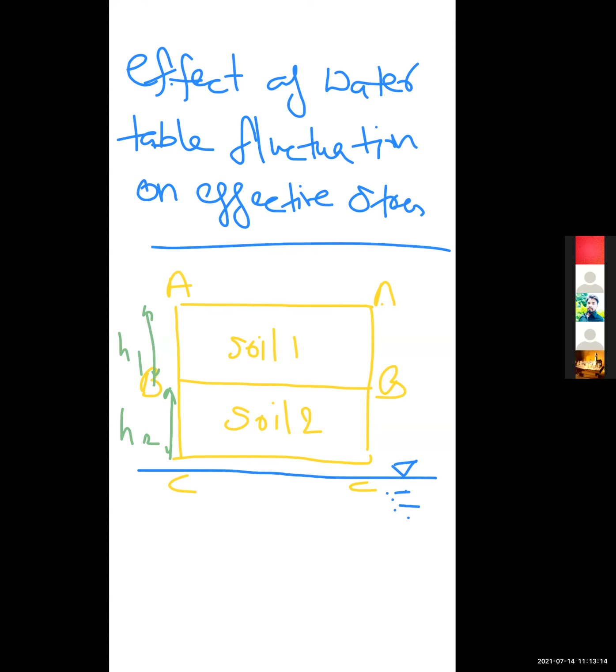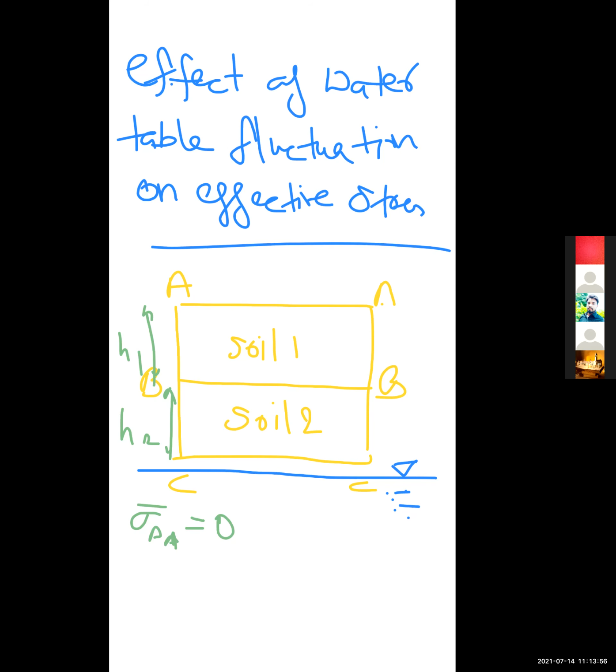So we can write here, effective stress at layer AA equal to how much? 0. Due to no soil pressure acting on the A layer, no external loading, and pore water pressure is also not available. So every stress at layer AA is 0. That means effective stress at AA is 0 before and after the water table level. Okay, there is no change in this value.